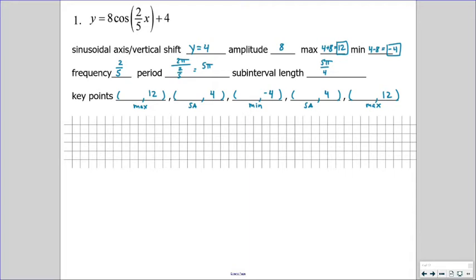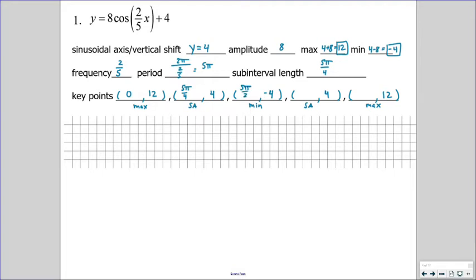And then I'm going to fill in the first 5 x values. So we don't have a phase shift here, which means our first key point is going to start at 0 radians, and then we're counting by that subinterval. So we're counting by 5 pi over 4. Add another 5 pi over 4, that's going to get us to 10 pi over 4, or 5 pi over 2.